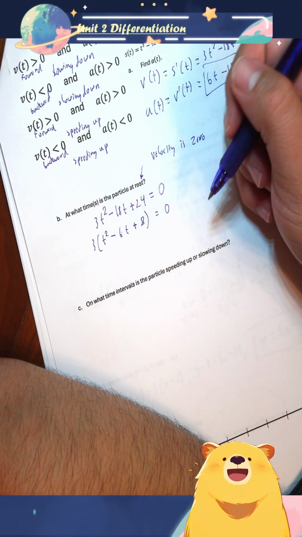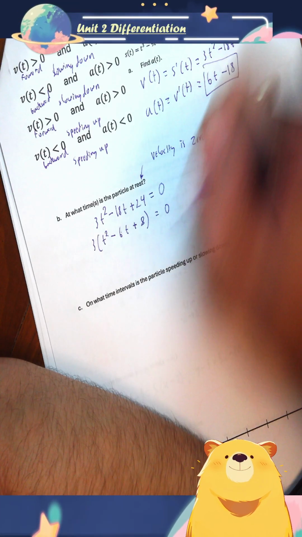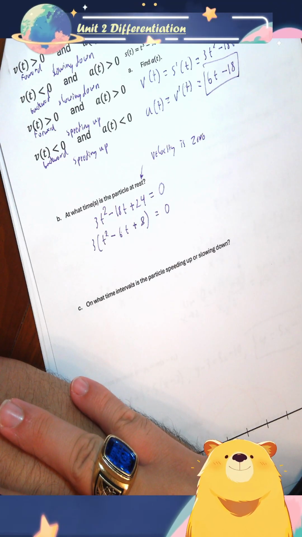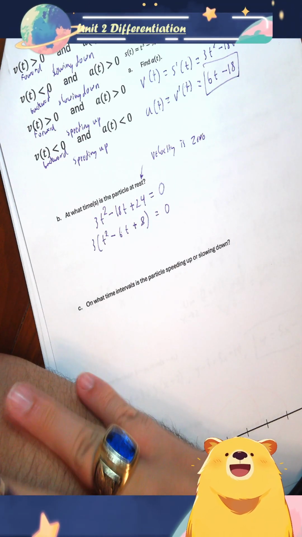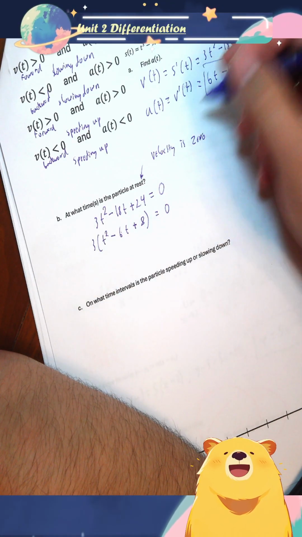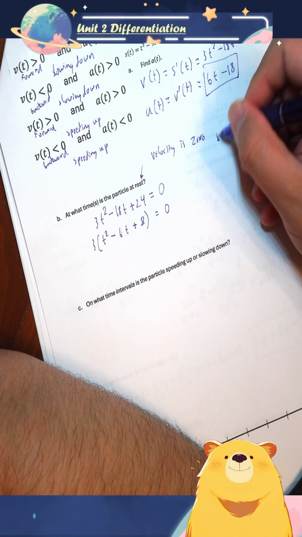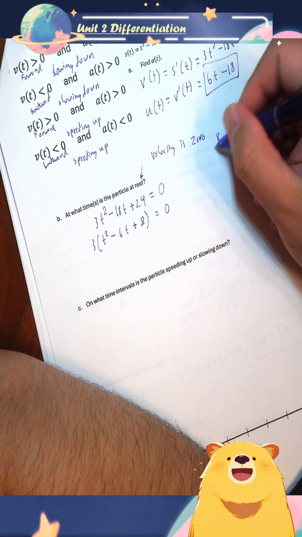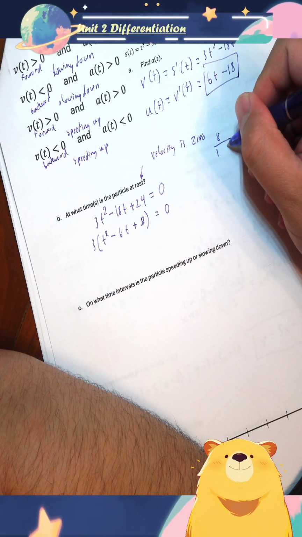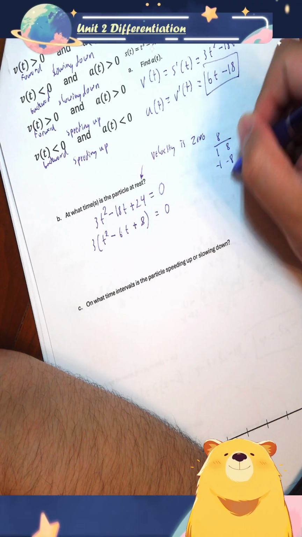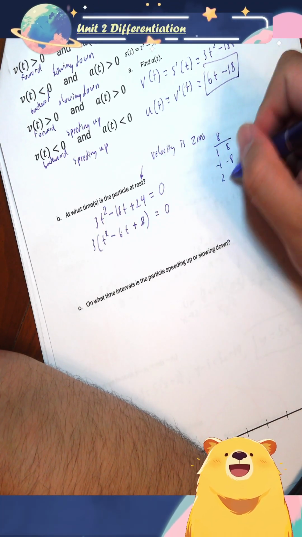From here we can factor this a lot of ways. Let's see. I'm going to use that A times C method. Well, there's no A, so just the C. 8, 1 and 8. They're both negative because of the sign. Oh, so 2 and 4.